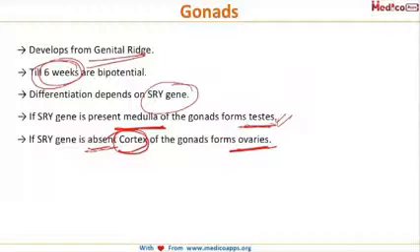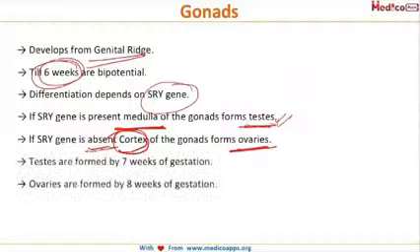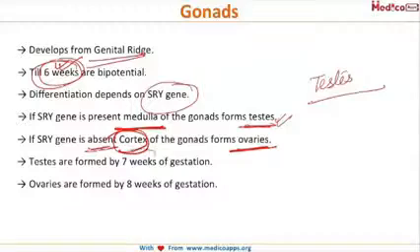Now, the other thing that you need to remember is that till 6 weeks, they are bipotential. So if the SRY gene is present, then first it will lead to the development of testis at 7 weeks of gestation. And if the SRY gene is absent, then in the next week, if the testes are not formed, then these gonads will develop into ovaries at 8 weeks of gestation.